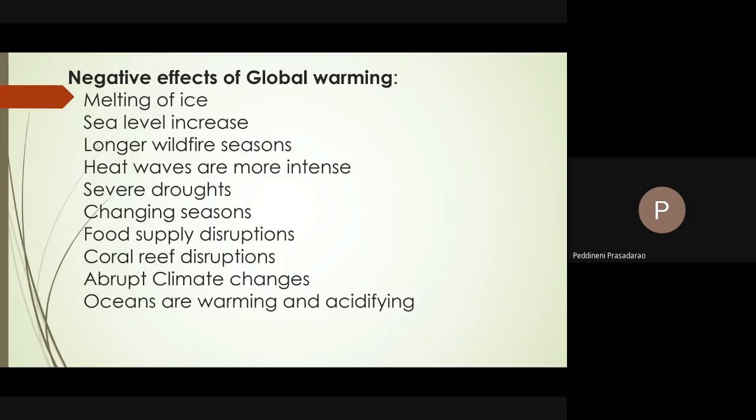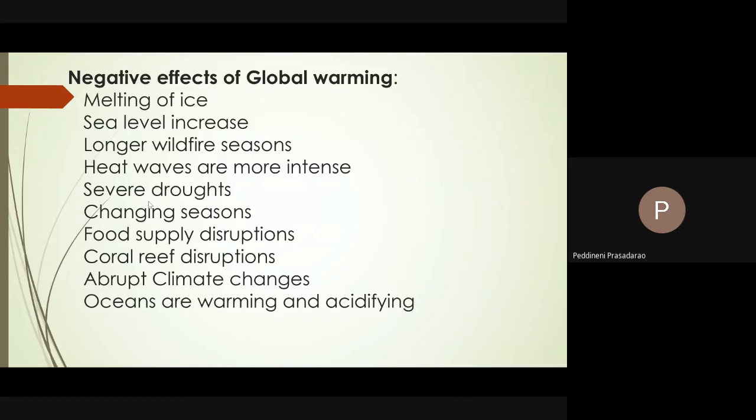Then what are the negative impacts of global warming? These are not all of them, but some important things I have brought to your notice. There are many impacts, which we call climate change, one particular buzzword we use as far as global warming is concerned.